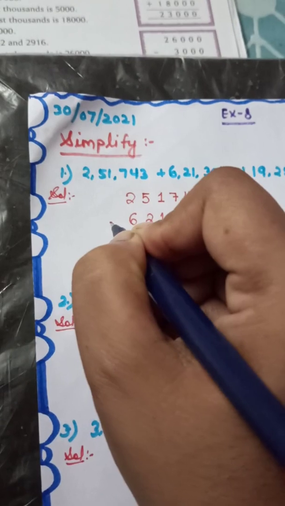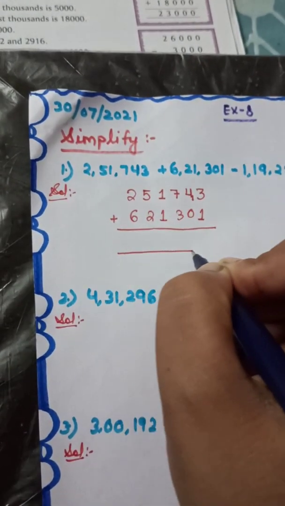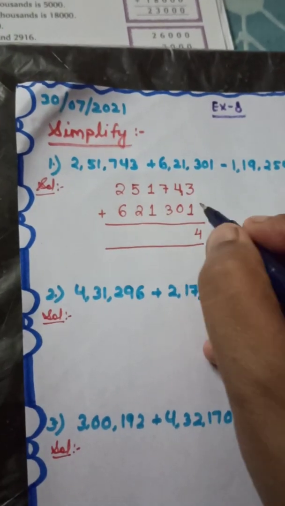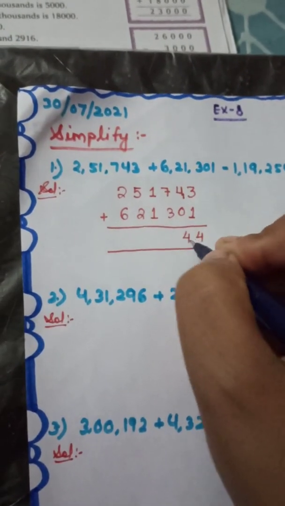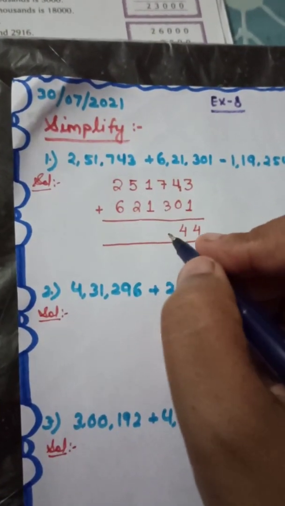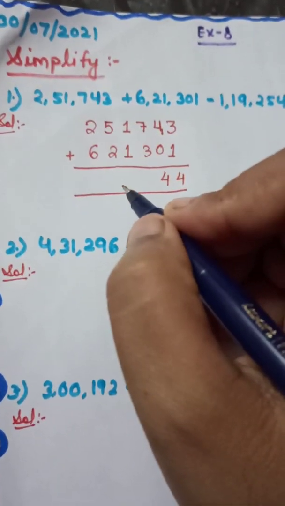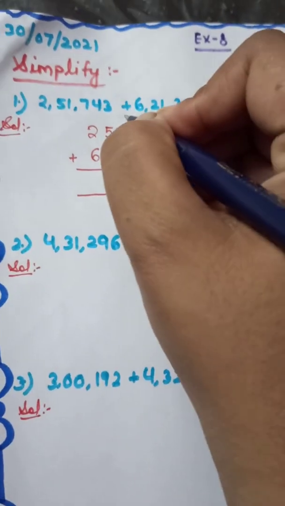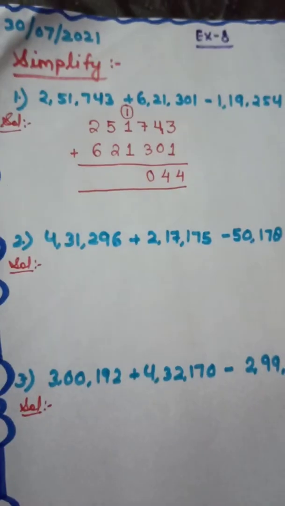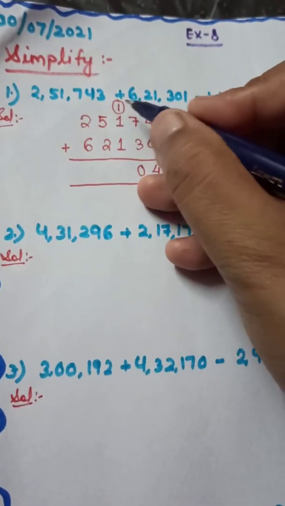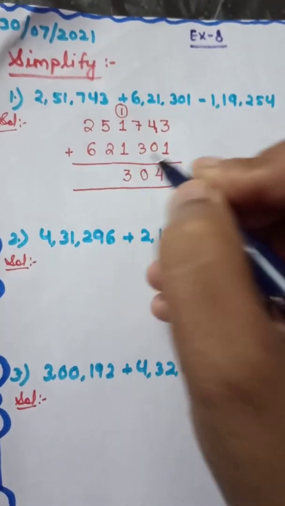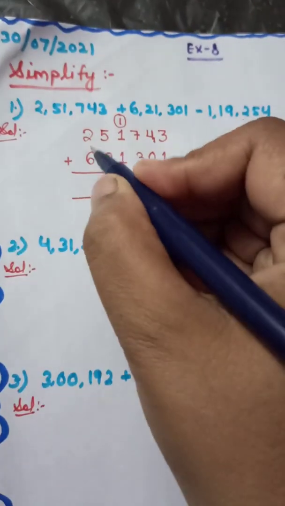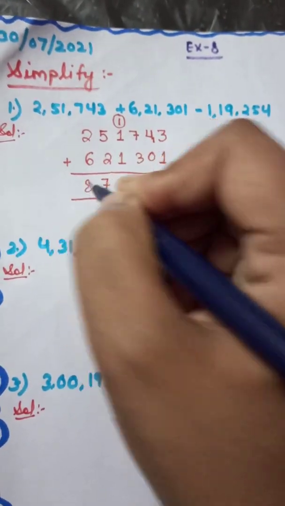Now let us add these two numbers. 3 plus 1, 4. 4 plus 0, 4. 7 plus 3 will give us 10, and out of that 10 we'll write this 0 over here and 1 in carry. 1 plus 1 plus 1, 3. 5 plus 2, 7. Then 6 plus 2, 8.